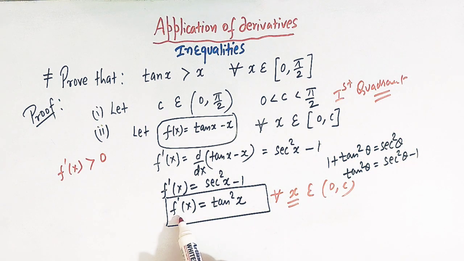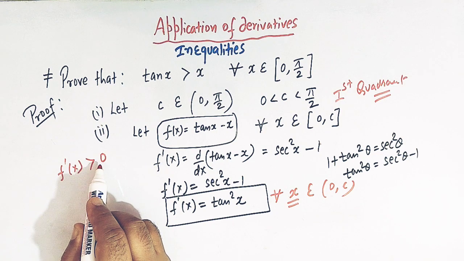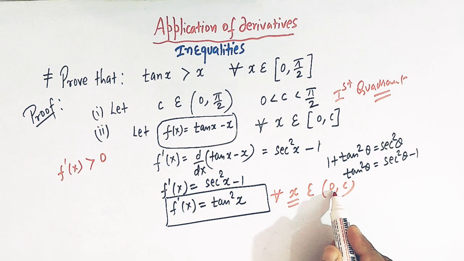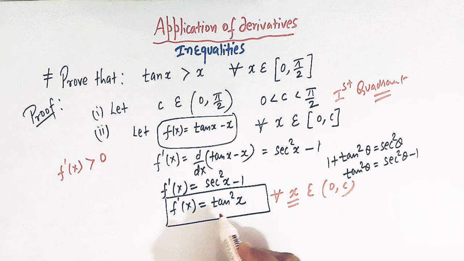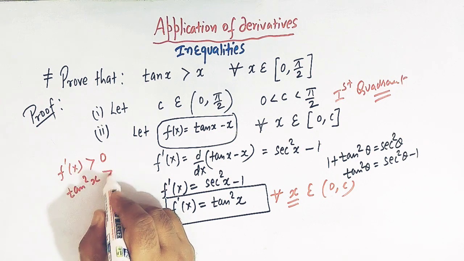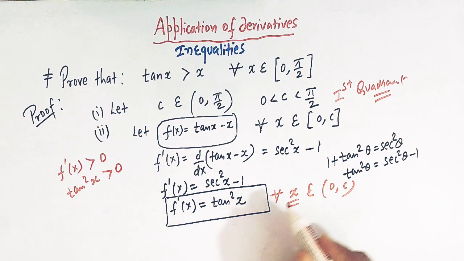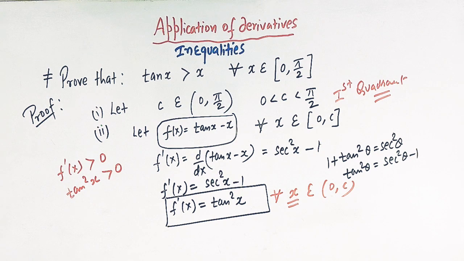Moreover, tan square x being a square term is always greater than 0 for all x belonging to the interval 0 comma c.